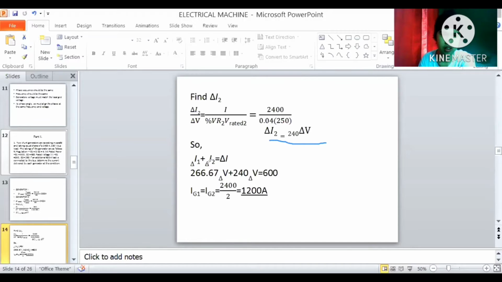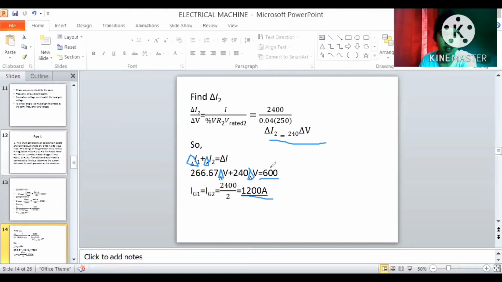So delta I1 plus delta I2 equals 266.67 delta voltage plus 240 delta voltage equals 600. Then IG1 equals IG2 equals 2,400 over 2, which equals 1,200 amperes.